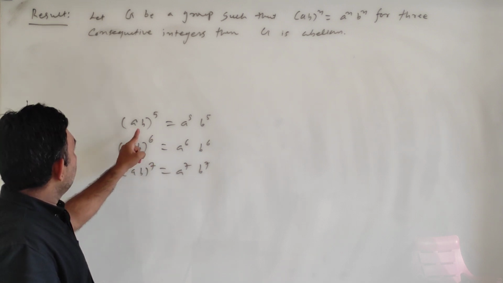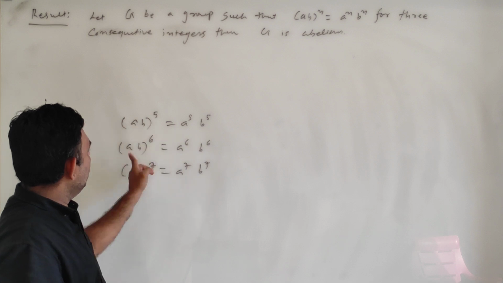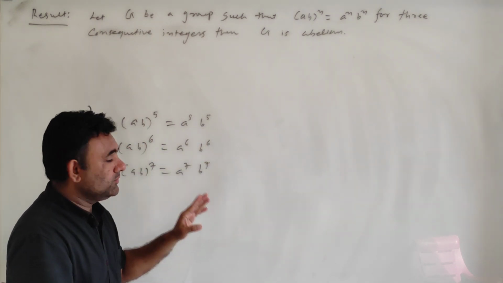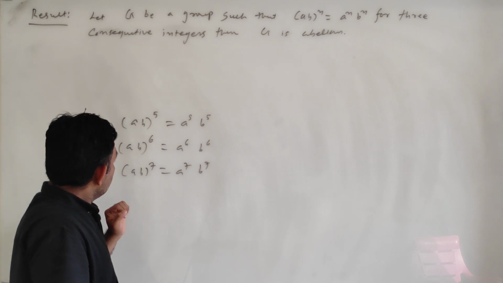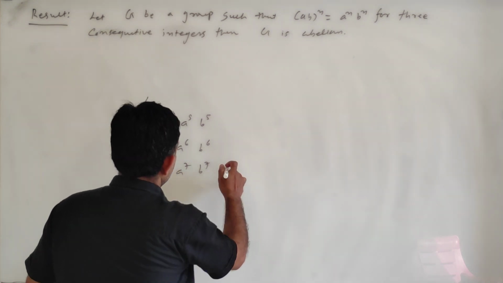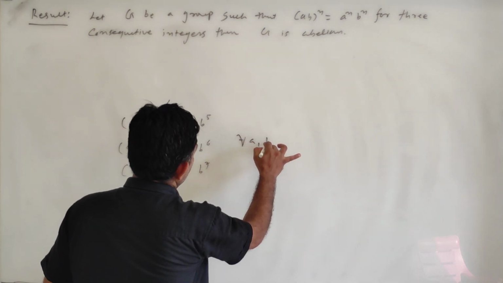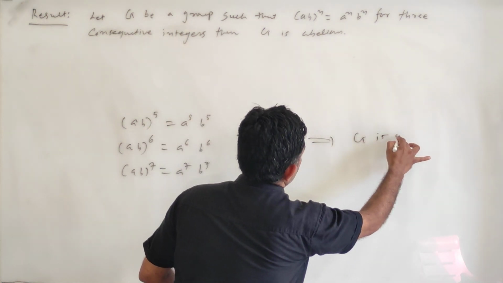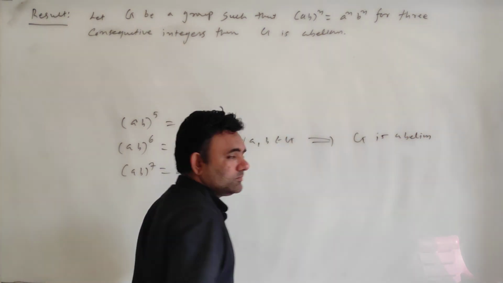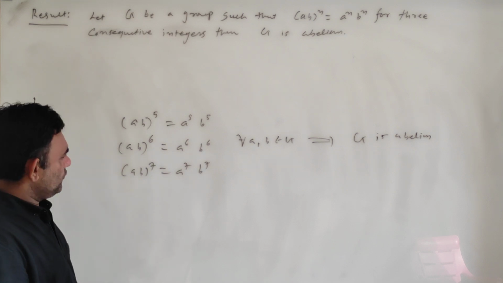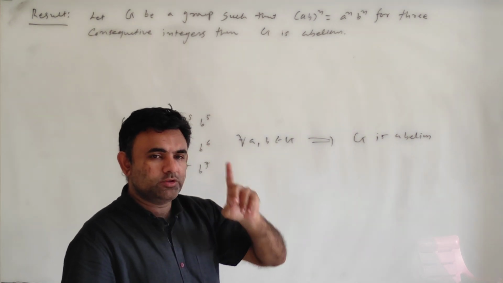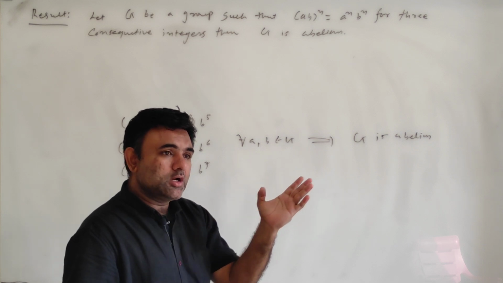And I am able to distribute the 5 power to both a and b in left to right order. So if I have this thing for all a, b belongs to G, then I can claim that G is abelian. It is true for any integers, but those 3 integers must be consecutive.